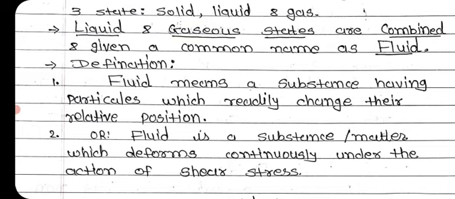So in these terms, fluid can be defined as a substance having particles which readily change their relative position. There is no fixed position of particles in liquid and gas compared with solid. Solid has fixed positions of particles, right? So a matter having particles which readily change their relative position is known as fluid.